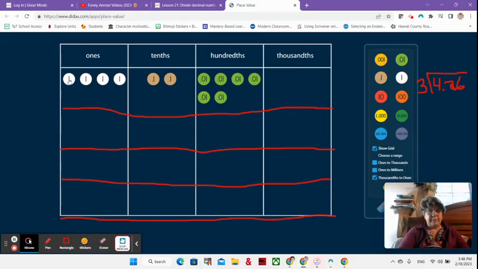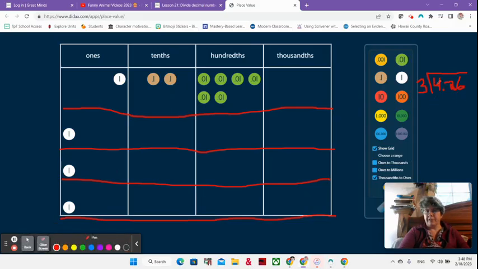Okay, and I'm going to distribute my ones. You're going to put your ones in there, right? We're dividing by 3, so each of them gets 1. Same thing with our long division here: 4 divided by 3, each one gets 1. We're going to practice doing it like the book has been modeling for you, which is just to say this is 1, and our decimal point goes straight up when we divide.